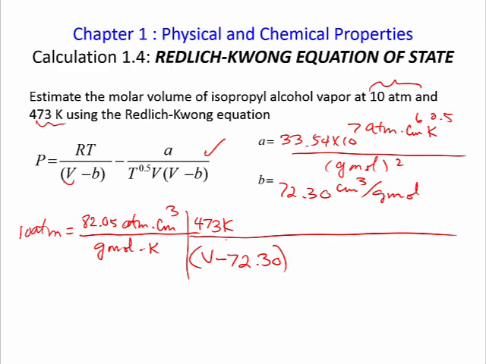V and B have the same units of centimeter cube per gram mole.